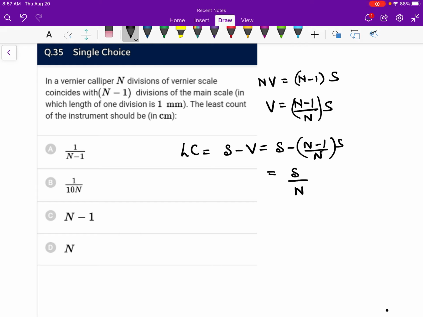Now S is 1 centimeter, that is 1 mm, so the least count of the instrument in centimeter is 1 by 10 n. So B is the correct option.